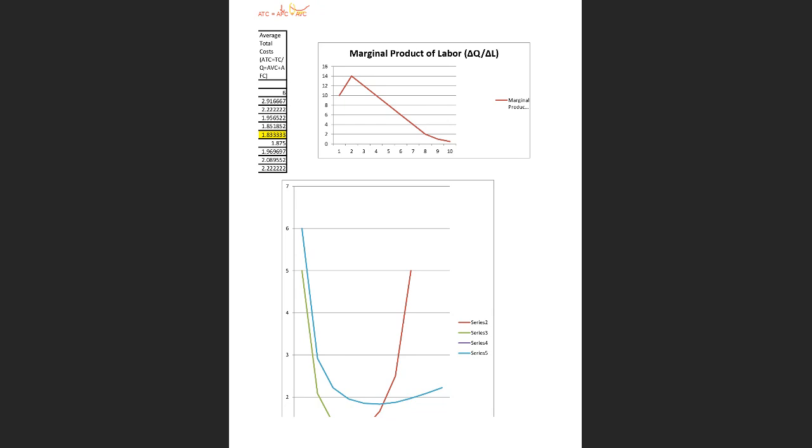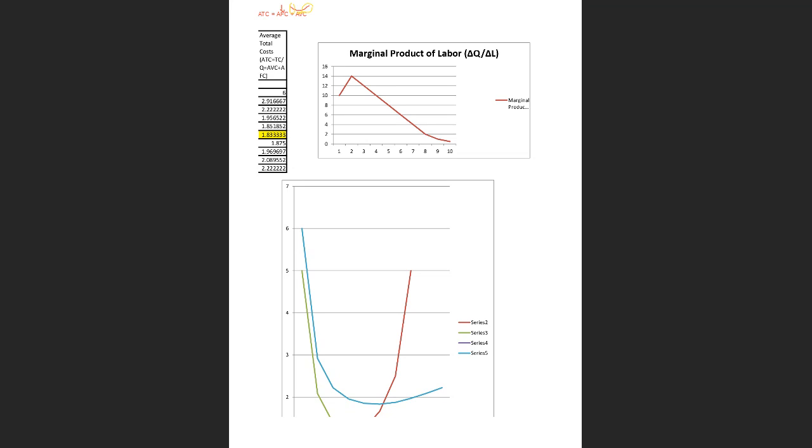All right, and so it's possible for this to continue going down, but at some point it's going to tick back up. And especially as these changes in average fixed get really small, the average variable is going to be picking up faster and faster, such that the average total is also going to take a U-like shape. But you're going to see on the graphs here in a second that the minimums don't line up. So the minimum of the average variable cost is not going to line up with the average total cost.